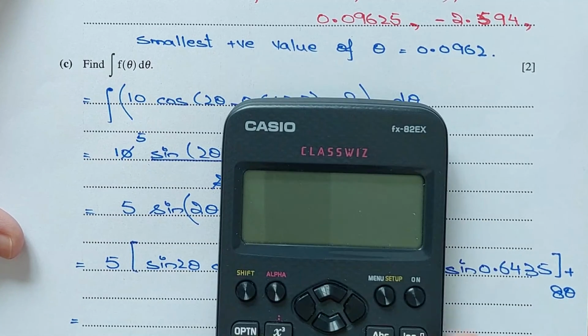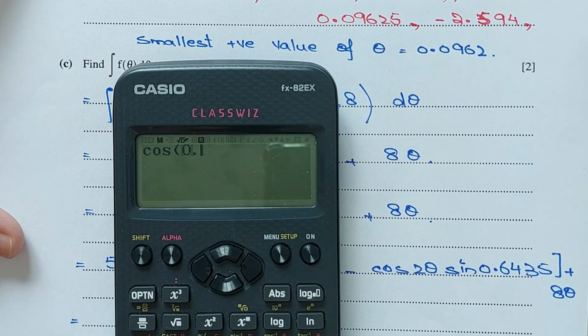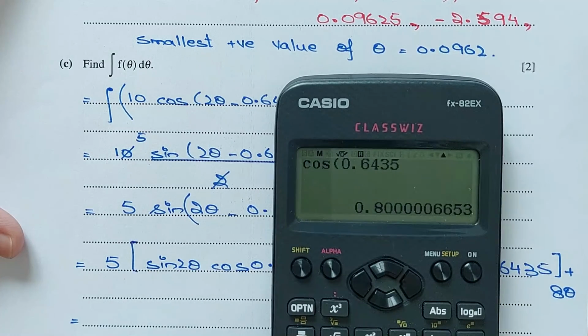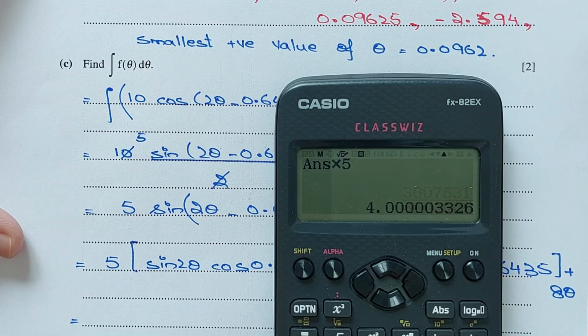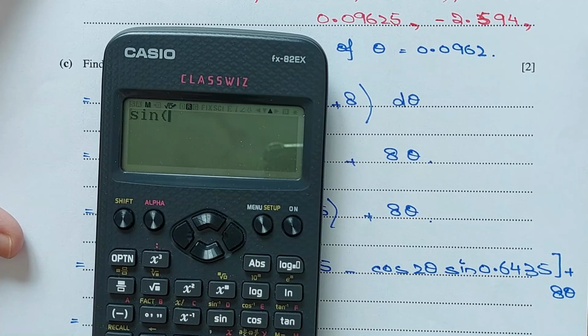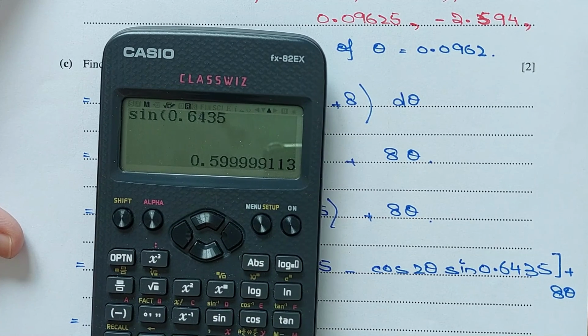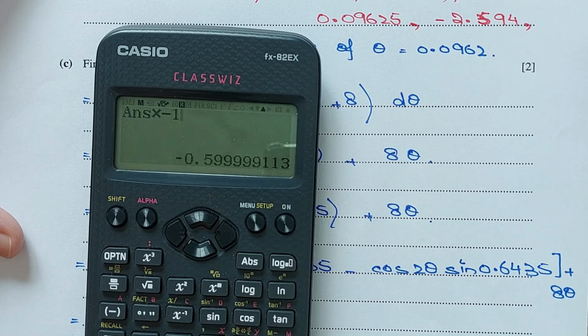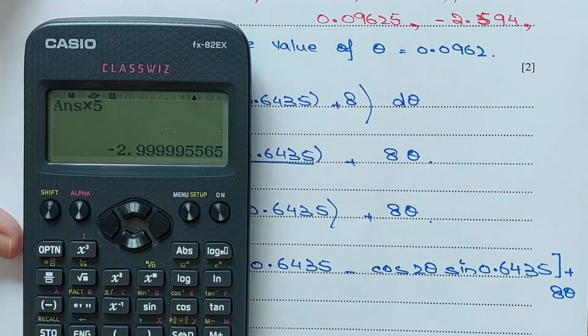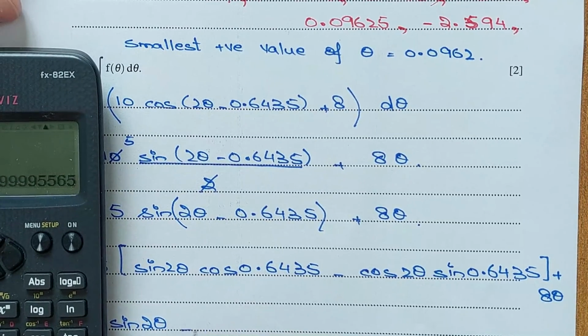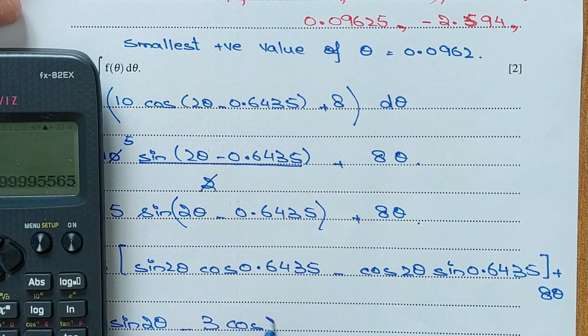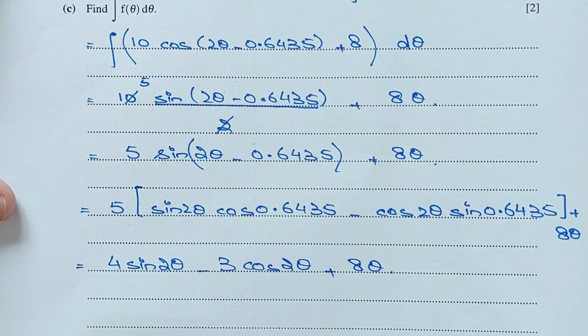Okay, now let me calculate: cos 0.6435 is this, times 5, which is 4 sine 2 theta. And sine 0.6435 is this, times minus 1 and times 5, which is negative 3 if we round it. So negative 3 cos 2 theta plus 8 theta. Okay, so this is the answer for the integration.